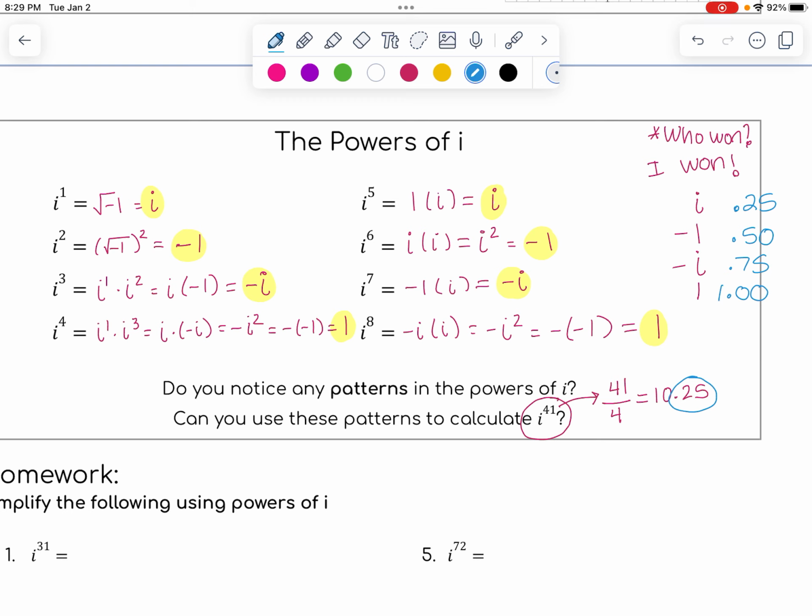So looking at your remainder, you can figure out where in this pattern that value lies, and that will tell you what that i to that power reduces to. So for example, i to the 41st power reduces to just i.